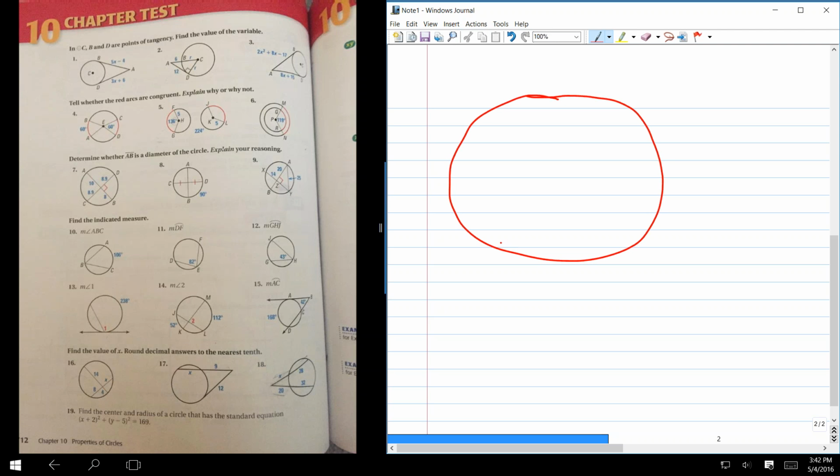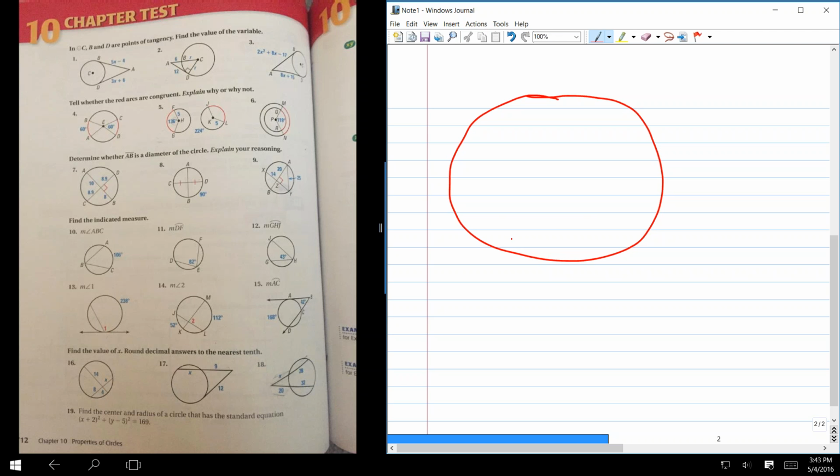But they're not asking if CD is a diameter, just AB. So if AB is bisecting the chord, if it bisects it, then it... No, you're absolutely right. Yeah, the diameter always bisects a chord. I was looking at it, I was thinking of CD.